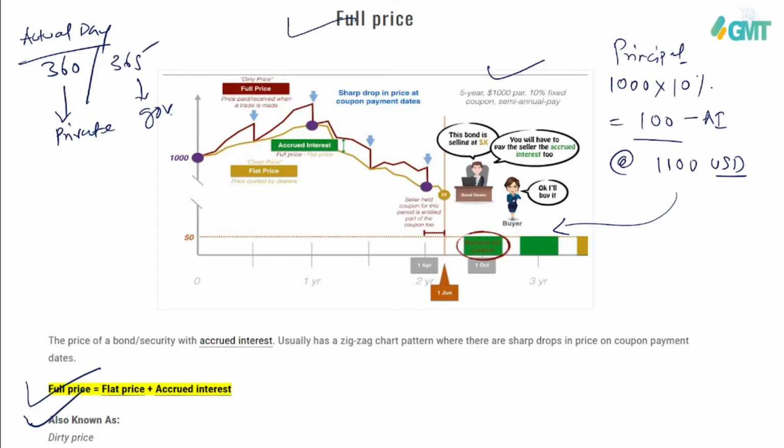If you take the example of this, in this example the bond will accrue the $100 interest payment per annum. Per annum, so it means for 360 days or maybe 365 days. You have purchased this bond here, right?